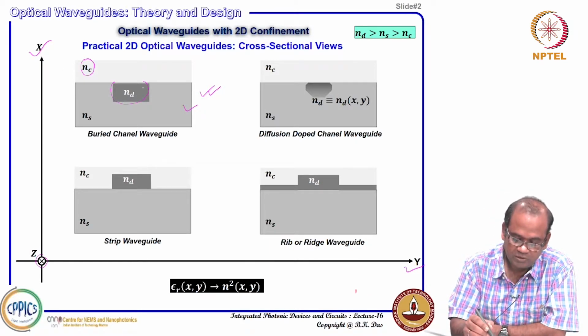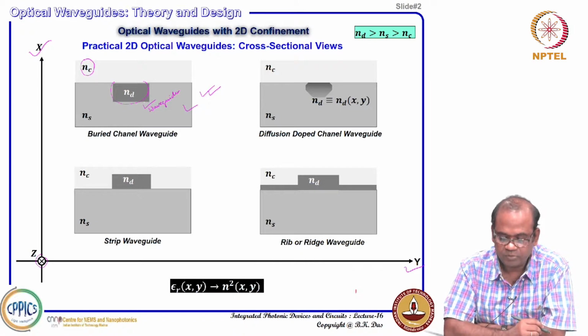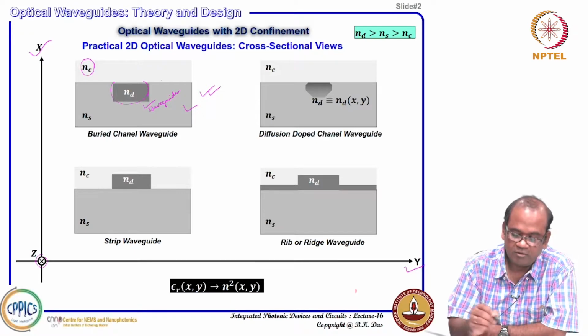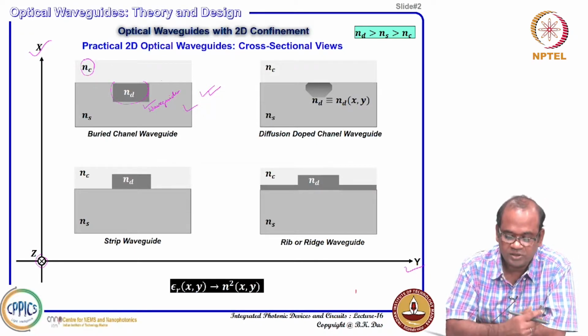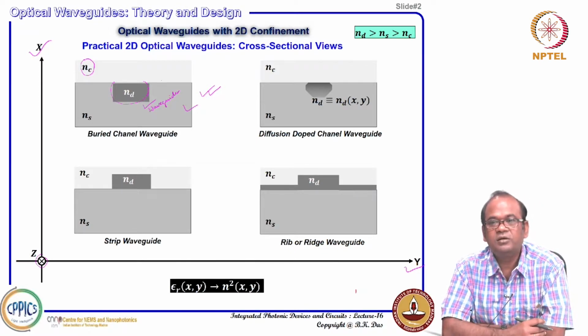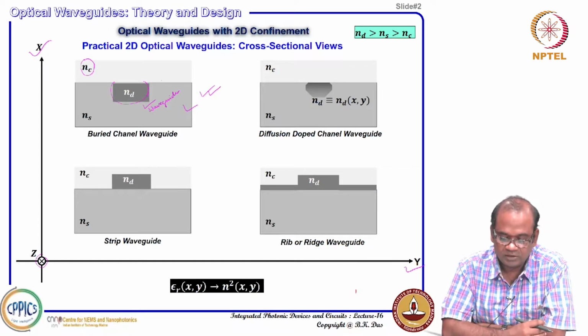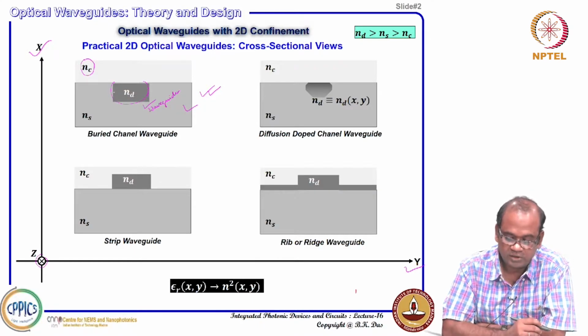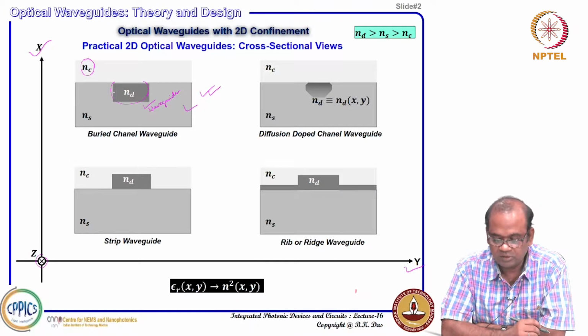And if you see your waveguide core, this is your waveguide core. The waveguide core is buried into the substrate with a rectangular cross section. It can be any cross section, but rectangular cross section is practically easier to implement and fabricate, and that is why we consider here this rectangular or square; whatever you can design, you are free to do so.